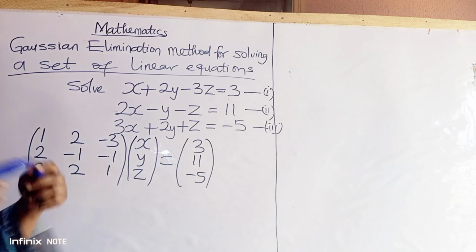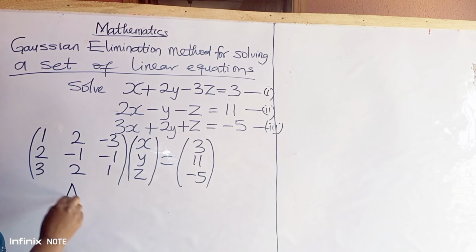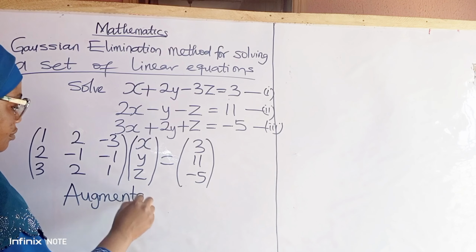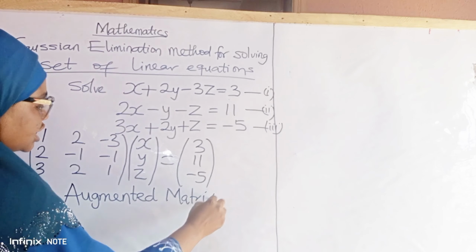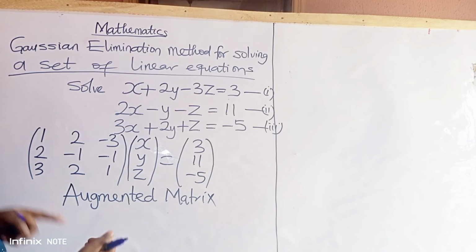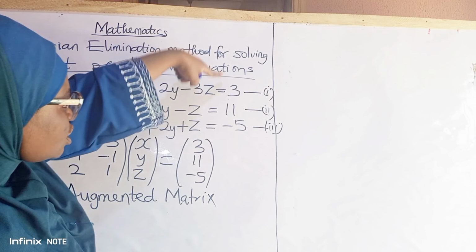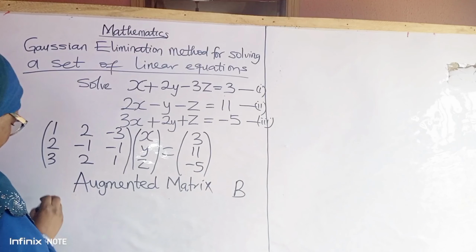Now, for the Gaussian elimination method, the next thing we need to do is to form what we call the augmented matrix. This augmented matrix is when we include the solution, that is, the constants, the answers to each equation, in the main matrix.